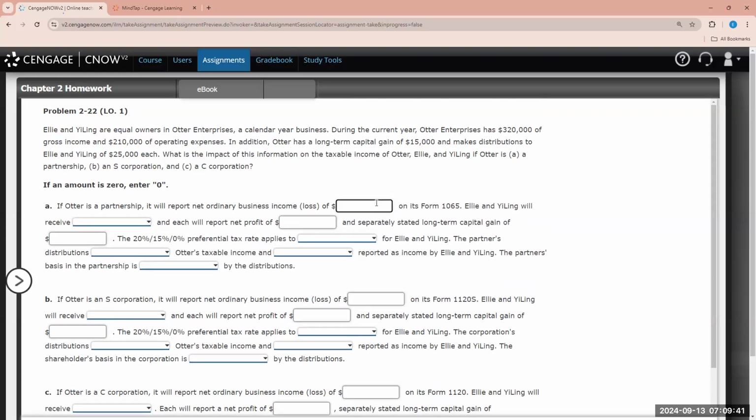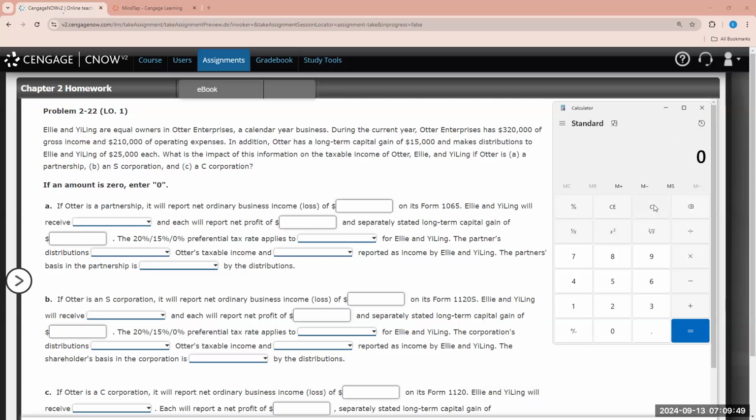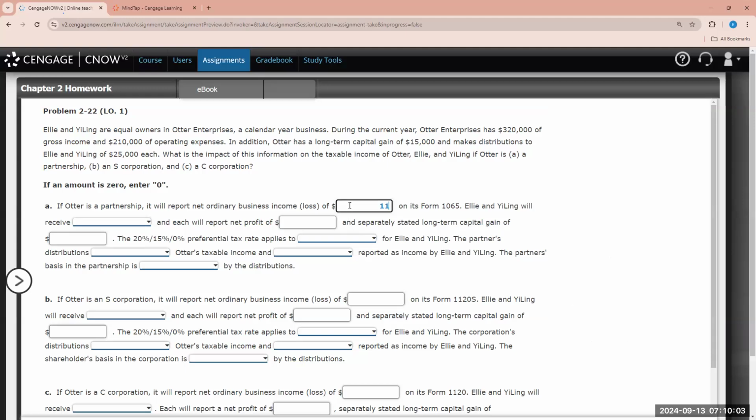Here we see it has 320,000 of gross income and 210,000 of operating expenses. So therefore, they will have business income of 110,000 on its Form 1065.